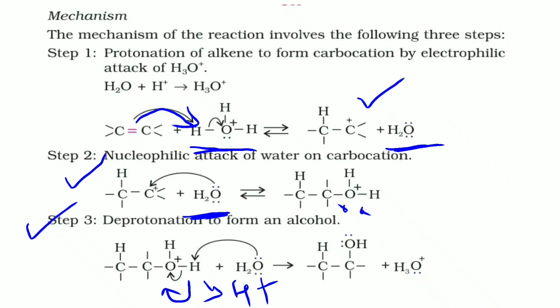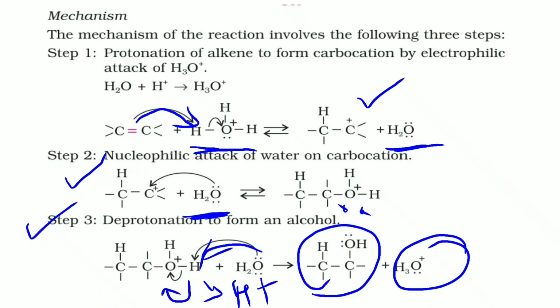This H plus has an empty or vacant s orbital, and to that vacant orbital the lone pair of electrons from oxygen is shifted toward this H, hence forming hydronium ion again along with the compound that is alcohol. So this is the mechanism.